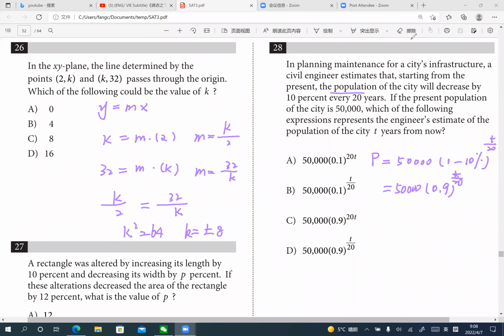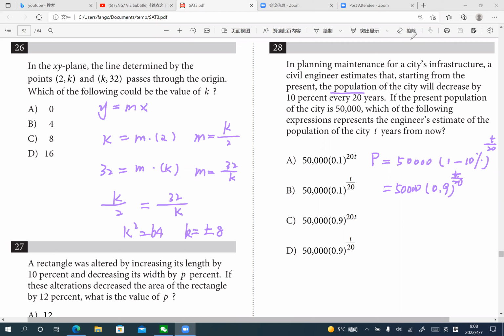Question 26. In the xy plane, the line determined by the points (2, k) and (k, 32) passes through the origin. Which of the following could be the value of k?